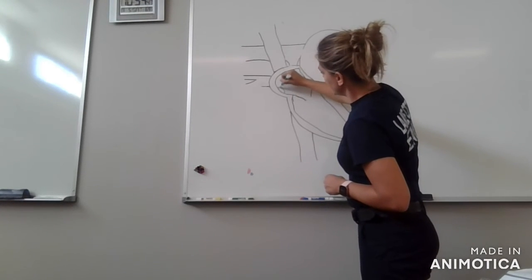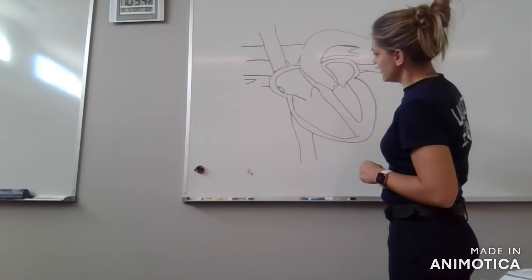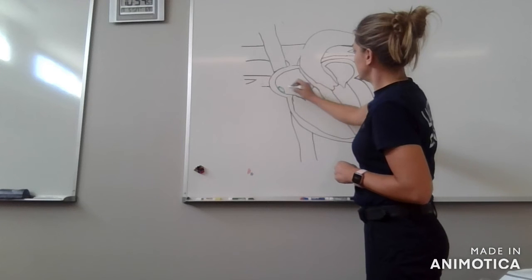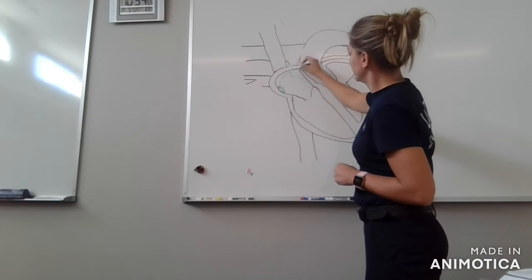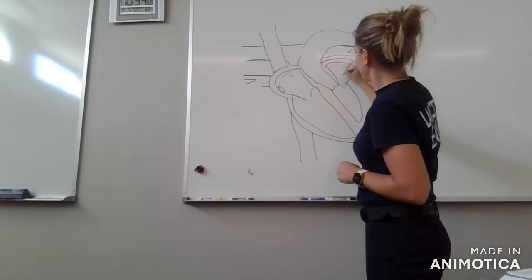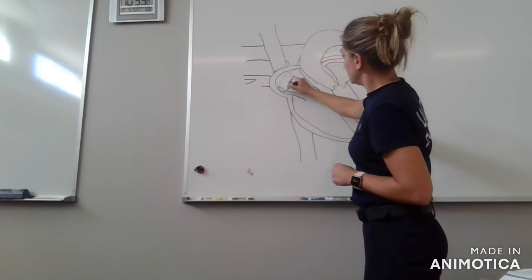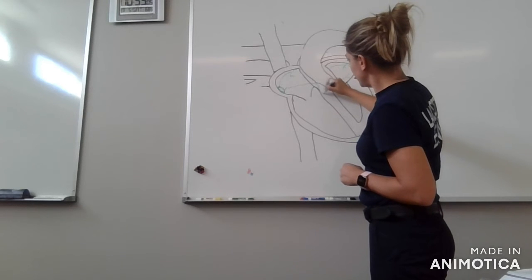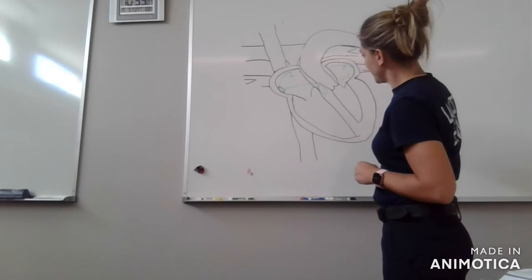The first one is called the SA node or the sinoatrial node. The sinoatrial node innervates through the atrium, both atrium, and then goes down through what is called the AV junction.